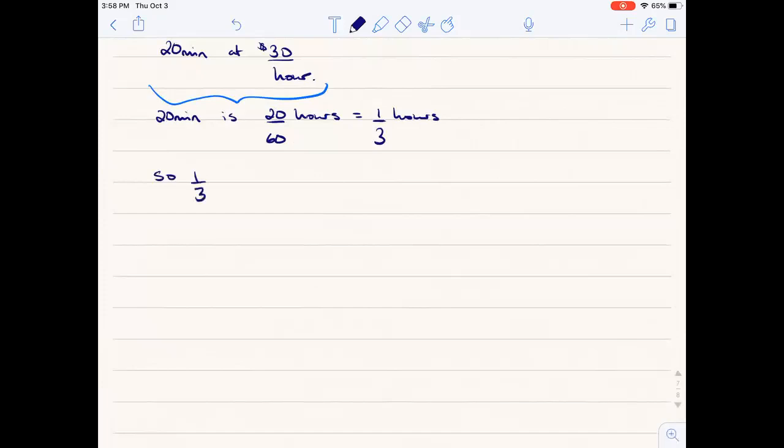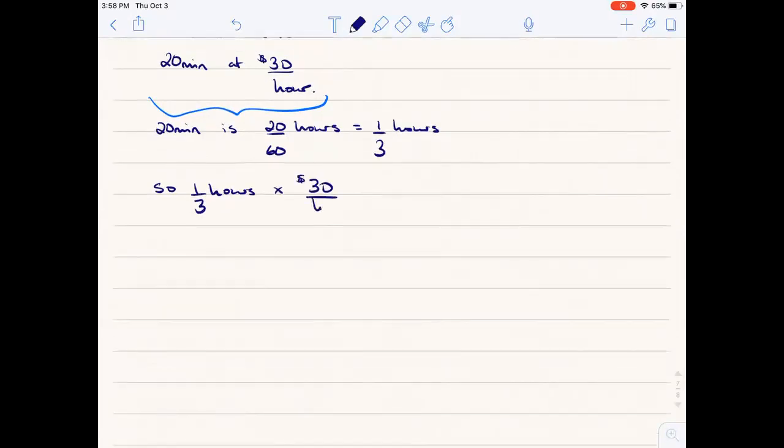So 1 over 3 hours times $30 per hour, we get 30 divided by 3 is $10 per unit. Because remember, your variable cost is the cost to make each unit.